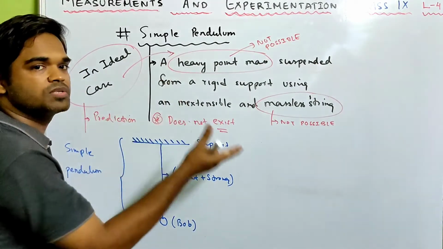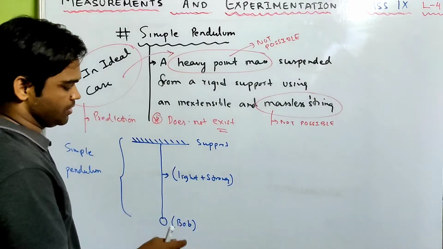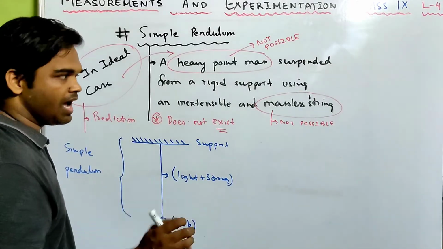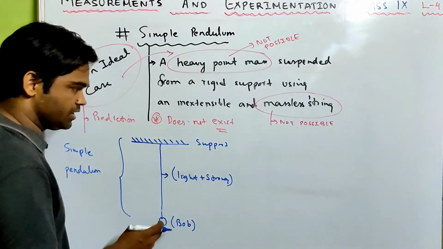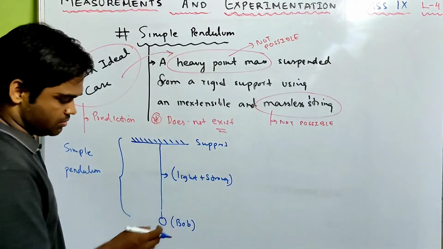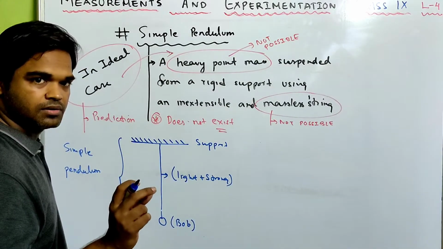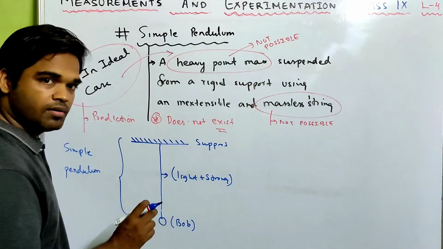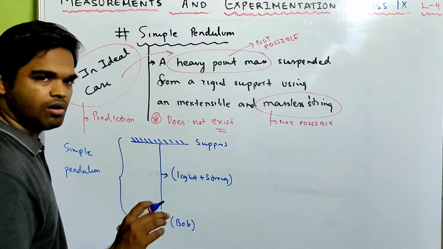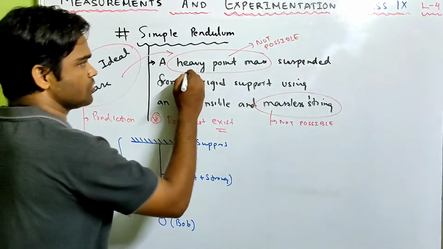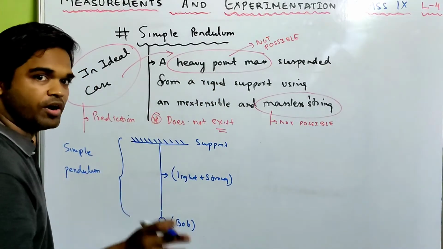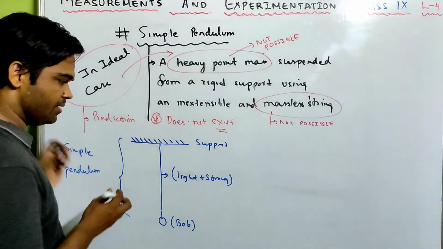Not this one. This is not possible only, because if you see, the string has some mass, and over here we take a solid bob made of iron or brass, so it is not a heavy point mass. This is not a point mass. Am I clear?